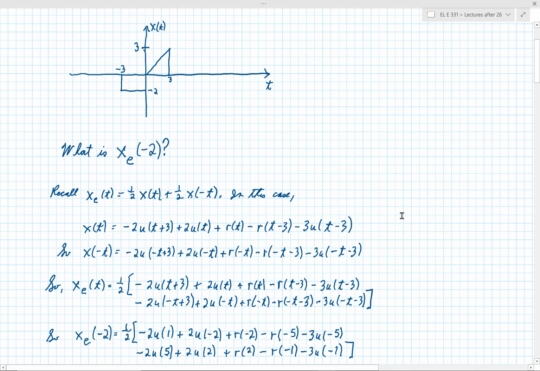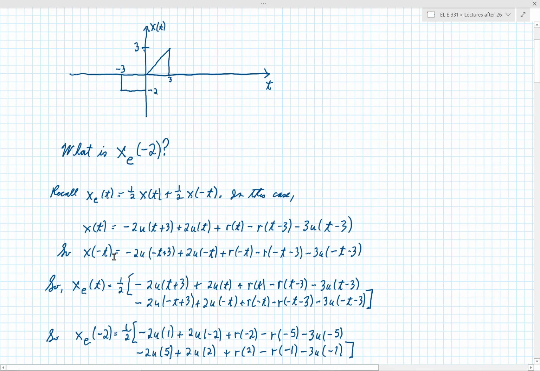And then to get x of -t, which of course we need in order to find xe, that's very simple. We just substitute in -t for t in this expression for x of t. You can see that we've done that, compared these two lines, and everywhere we have a t in this line, we have substituted -t in this line.